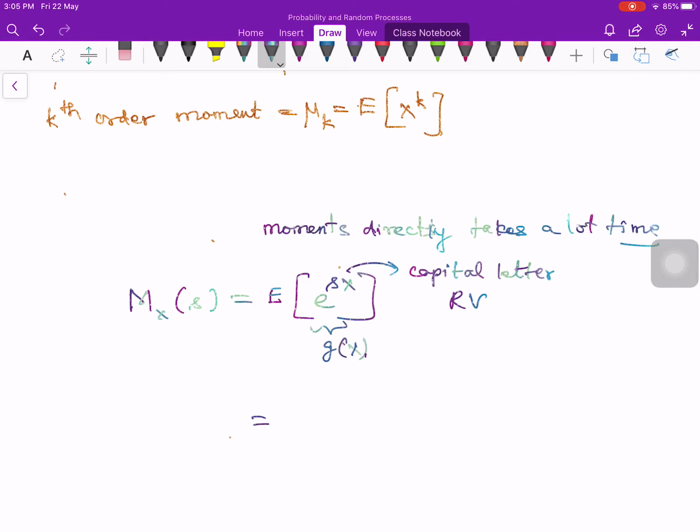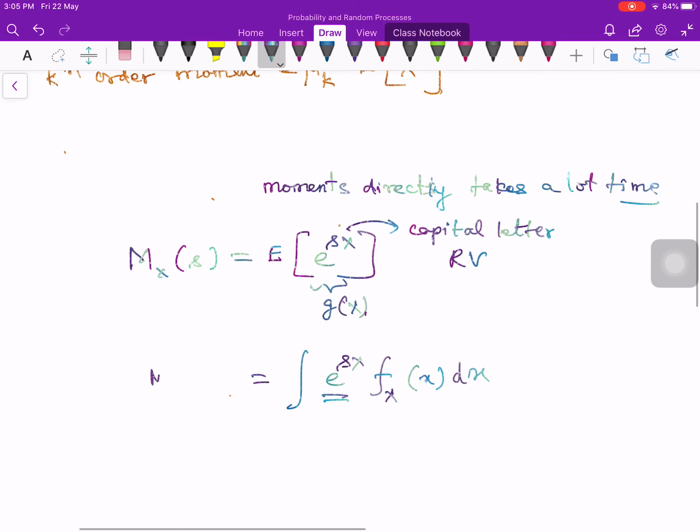So it is going to be the integral of e to the sx times the density function of the random variable, f x of x, times dx. So the density function is multiplied by e power sx.